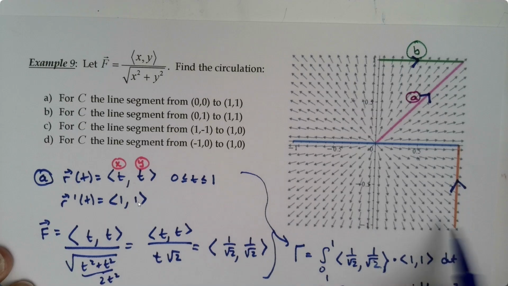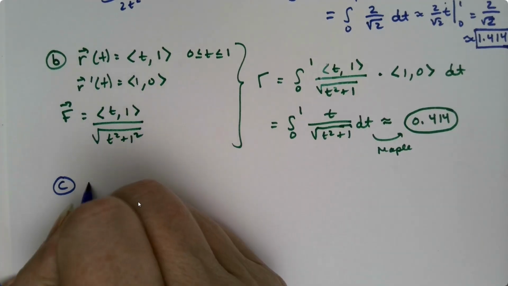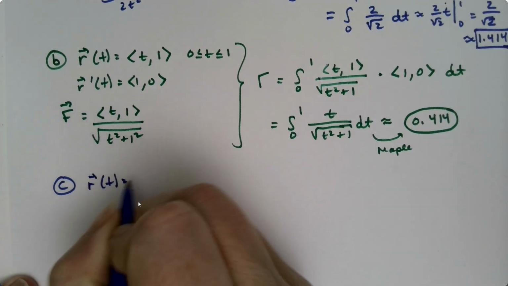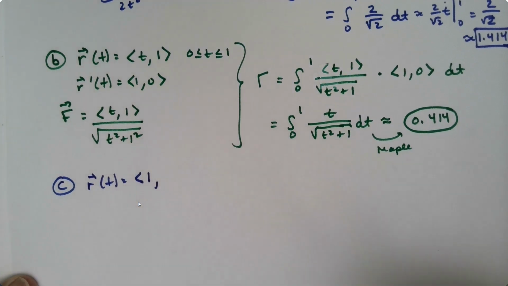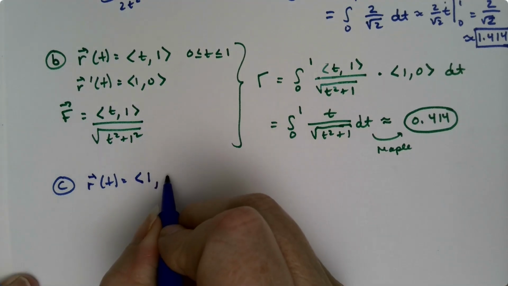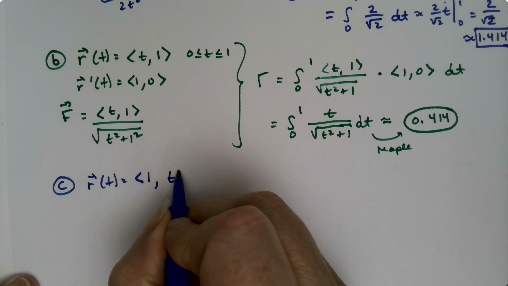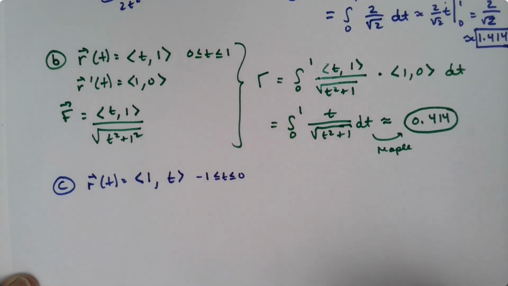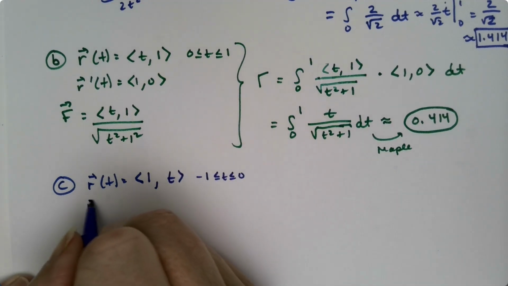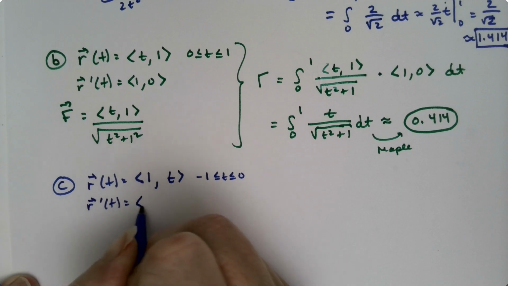Okay, so let's think about parameterizing that. r of t would be (1, t). 1 is fixed as our x because it's a vertical line, and then t. And we're going from -1 less than or equal to t less than or equal to 0. r prime of t would be (0, 1).